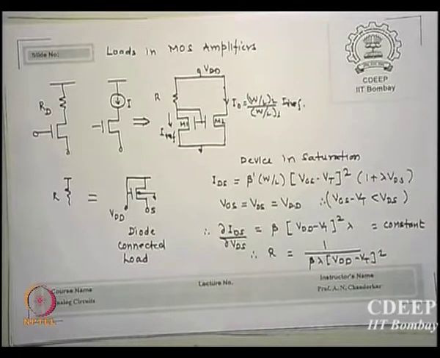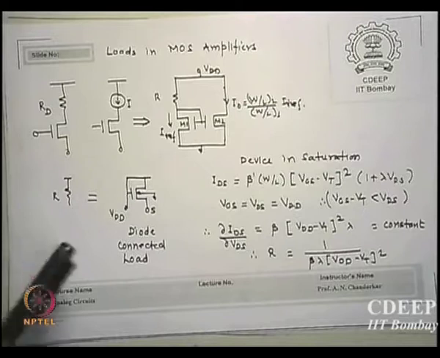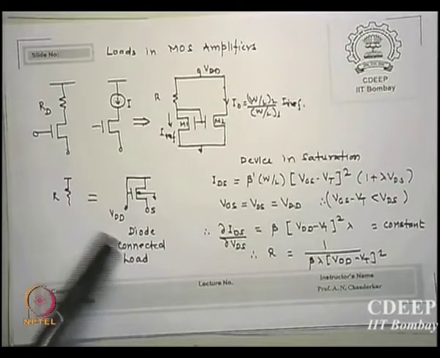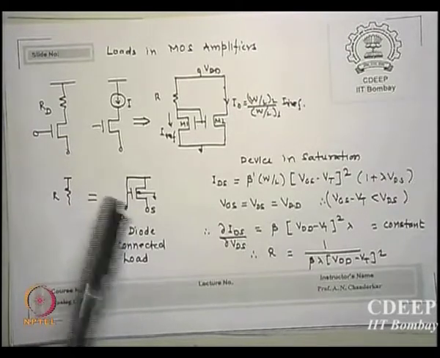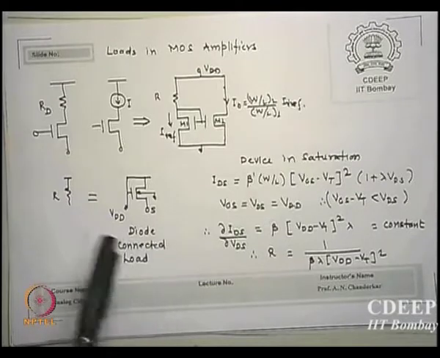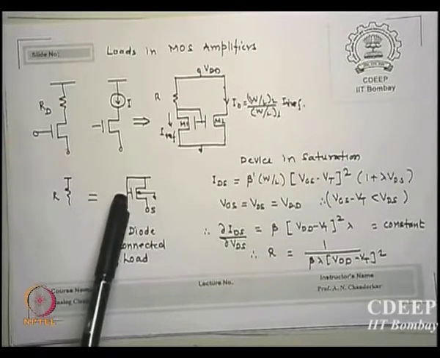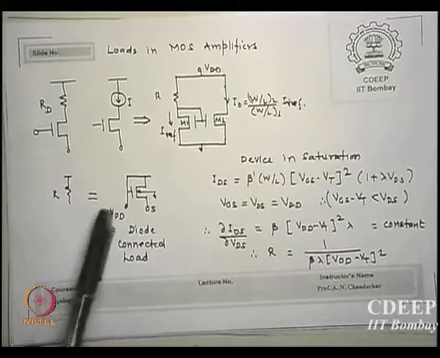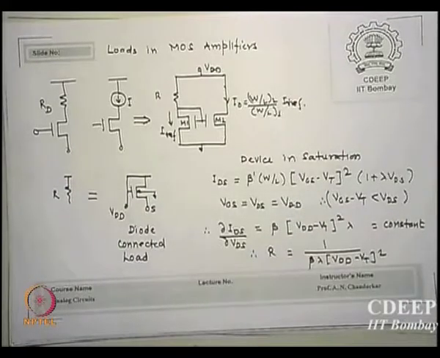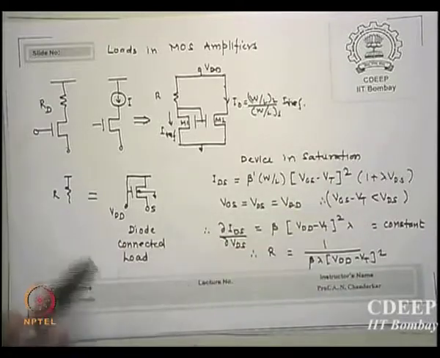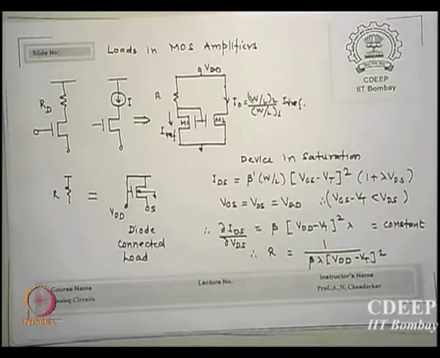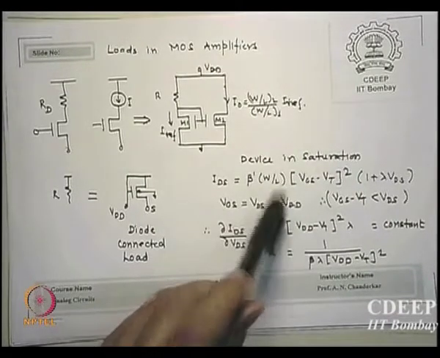And another thing which I just now said about the saturated loads, how do I calculate resistance? I connect gate and drain to VDD, and write the equation for the device. First assume it is in saturation, let us say it is, because VGS minus VT is less than VDS; VGS equal to VDD means VGS minus VT is always less than VDD.